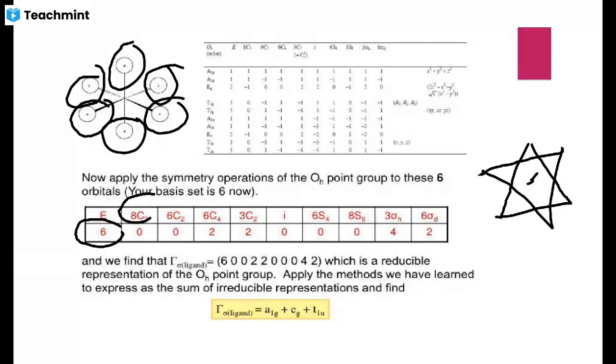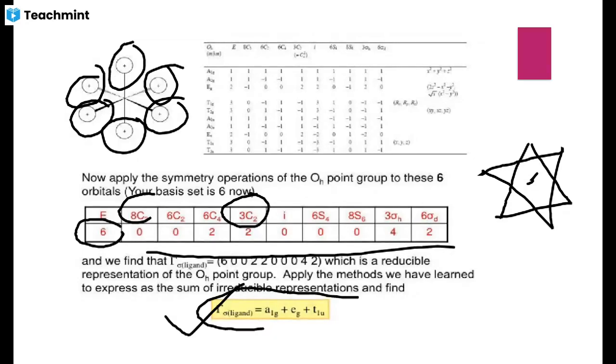In an octahedral like this, there are 6 C2s, but not all go along the bond axis. Only 3 C2s go along the bond.